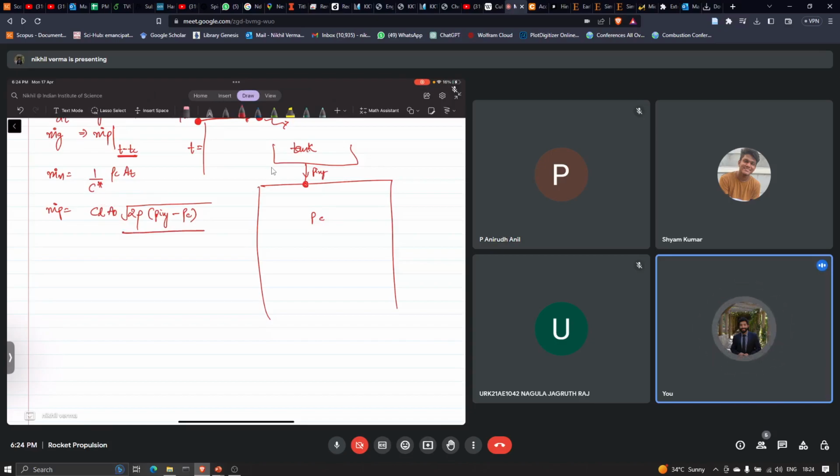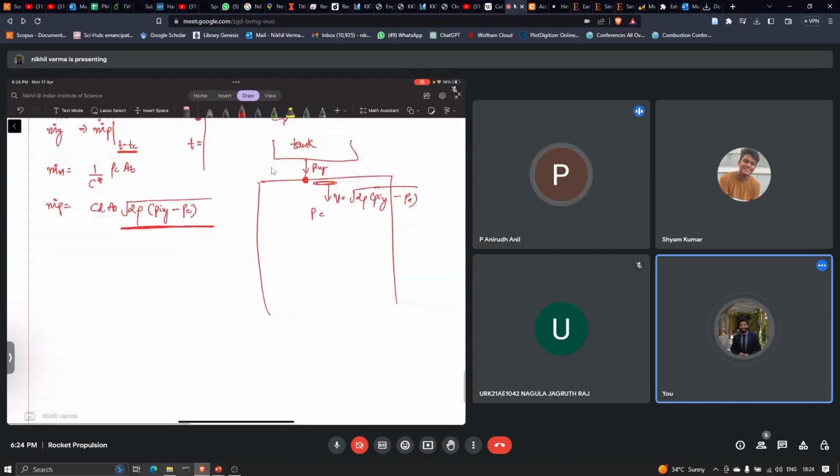With simple Bernoulli, we can write the velocity at the injector as root of 2 (P injection minus Pc) by rho. Sorry, this will be 2 by rho.